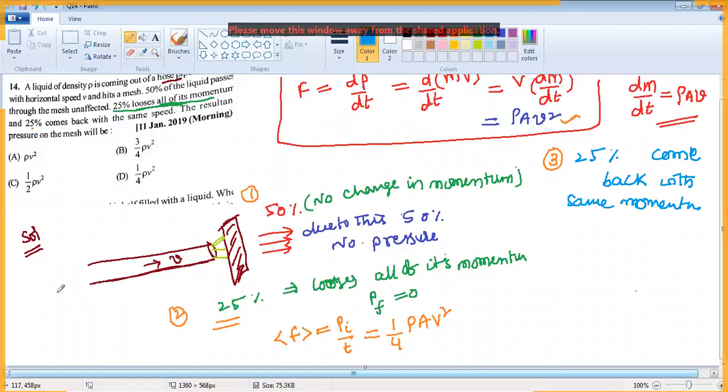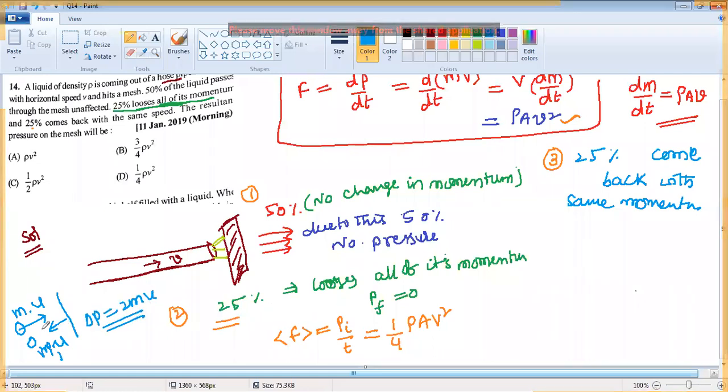You are very clear on this. A body of mass m moves with speed v and bounces back with the same speed. You learned that the change in momentum is 2mu. With mass m hitting the wall and bouncing back, that is 2mu. In exactly the same manner, here I took rho A v square, and it bounces back again.